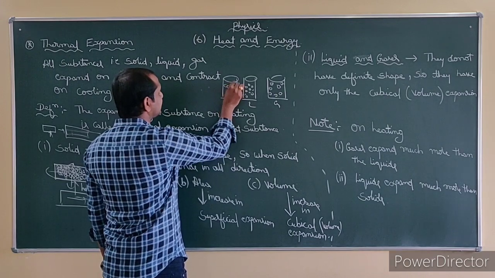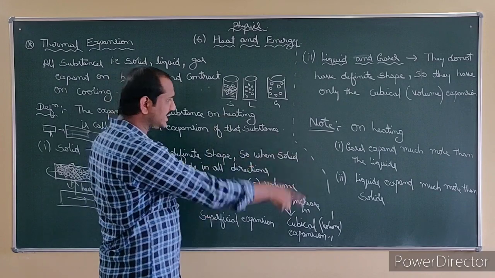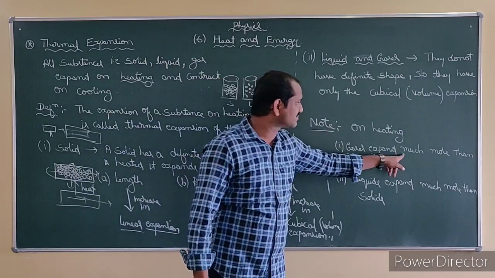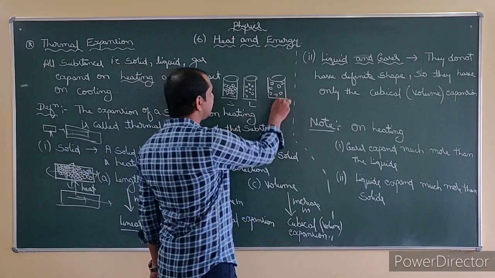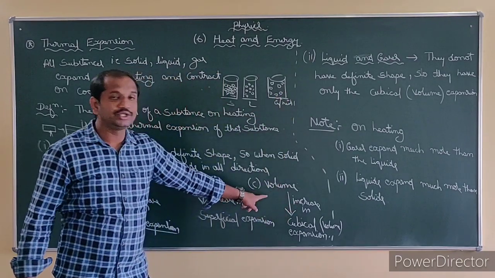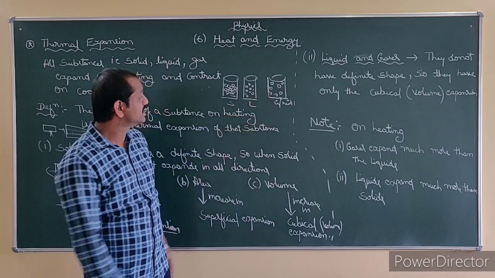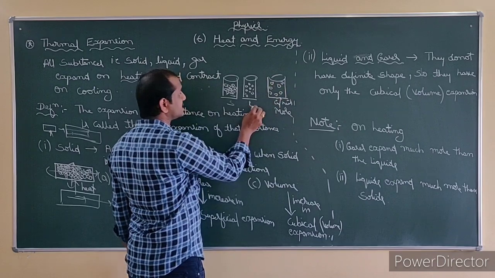So we have molecules slightly packed. So on heating, gases expand much more than liquids. The expansion is more when you are heating it. Which expansion? Expansion in volume, that is cubical expansion, is more in the case of gas than liquids.